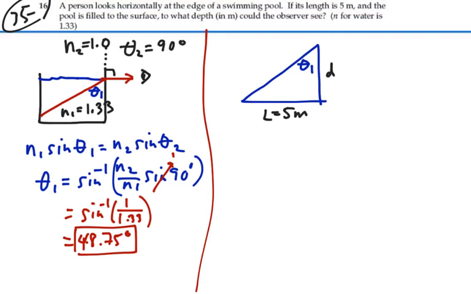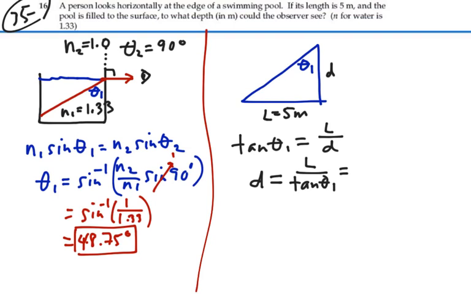So looking at this triangle, we can see that the tangent of theta 1 should be equal to the opposite side, L, divided by D. In other words, our depth, D, is going to equal L divided by the tangent of theta 1. So that's going to be equal to 5 meters divided by the tangent of this angle that we just found, 48.75 degrees.